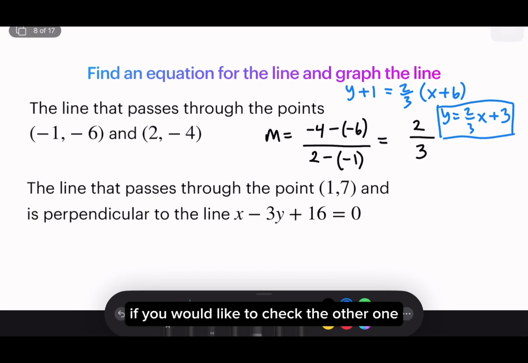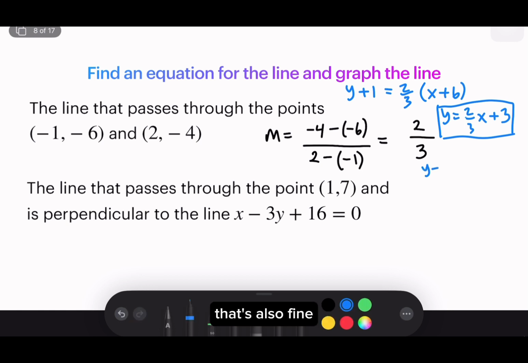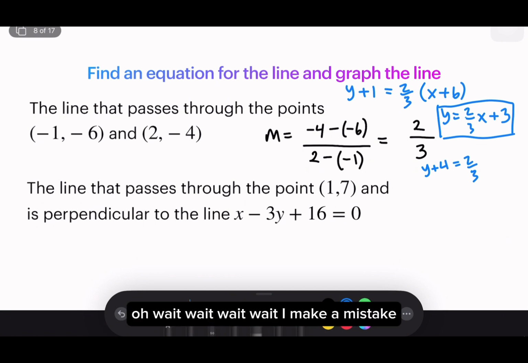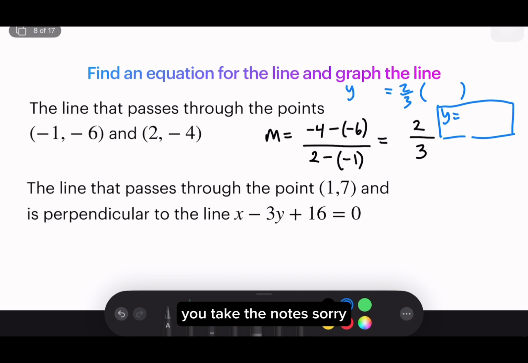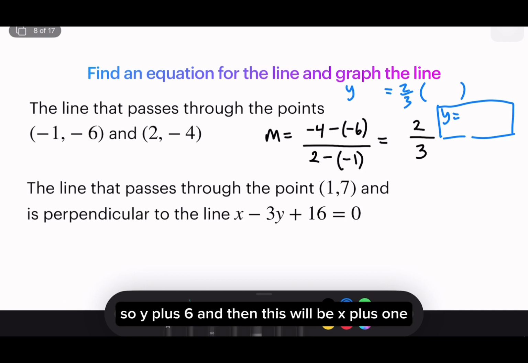If you would like to check the other one, that's also fine. Oh, wait. I made a mistake. So y plus 6 equals 2/3 times x plus 1.